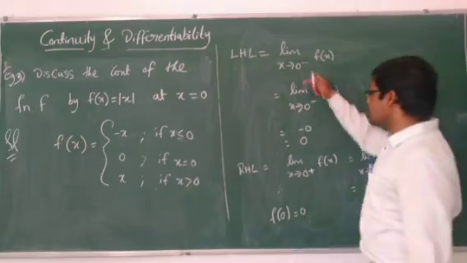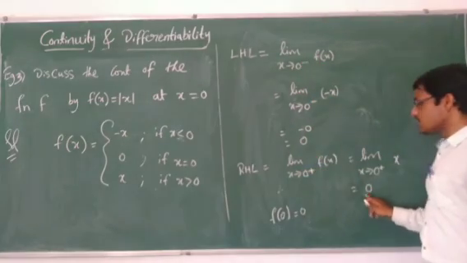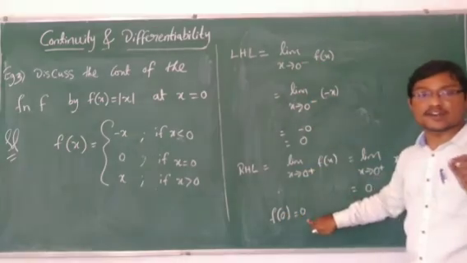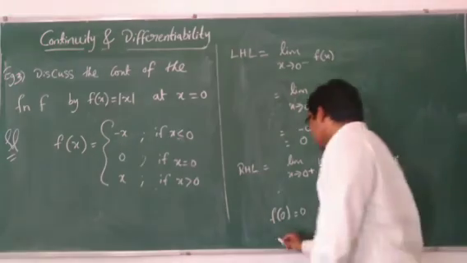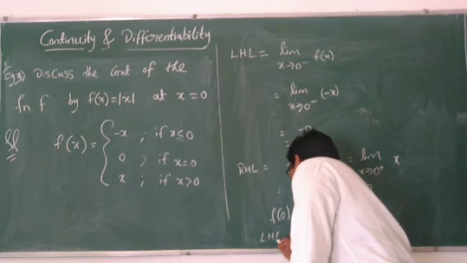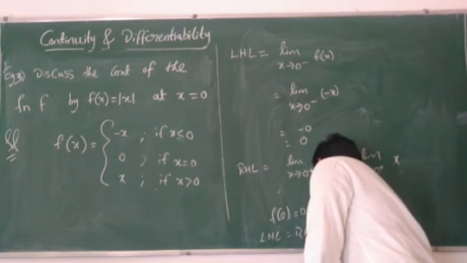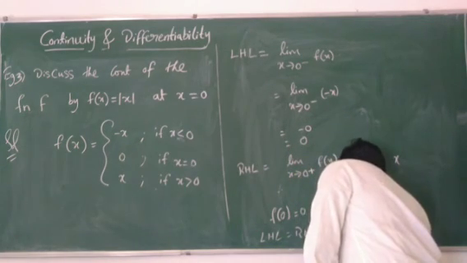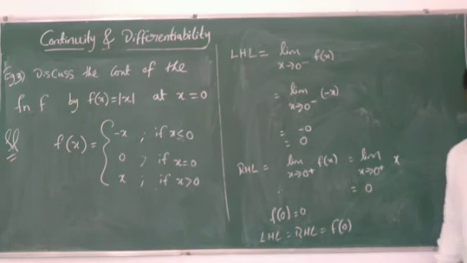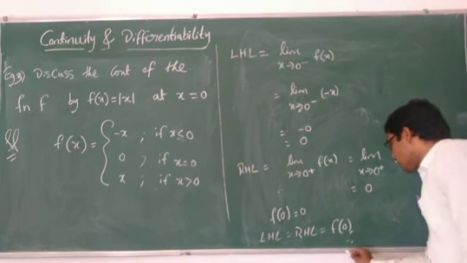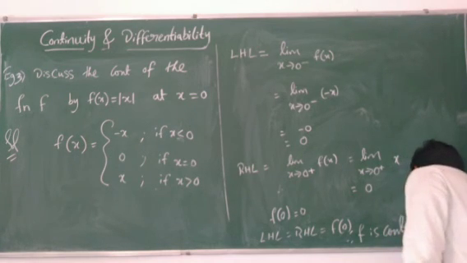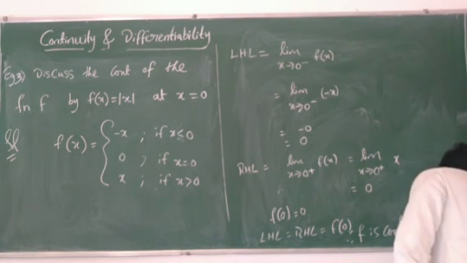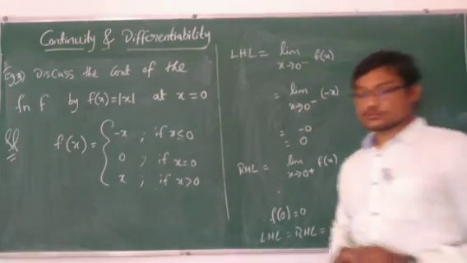So here the left hand limit is equal to 0, the right hand limit is equal to 0, and the function value is also equal to 0. Therefore, left hand limit is equal to right hand limit is equal to f of 0, so f is continuous at x equal to 0.